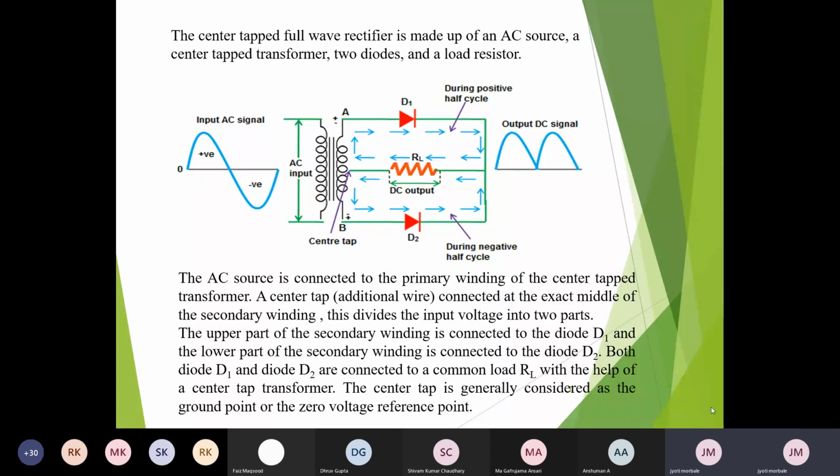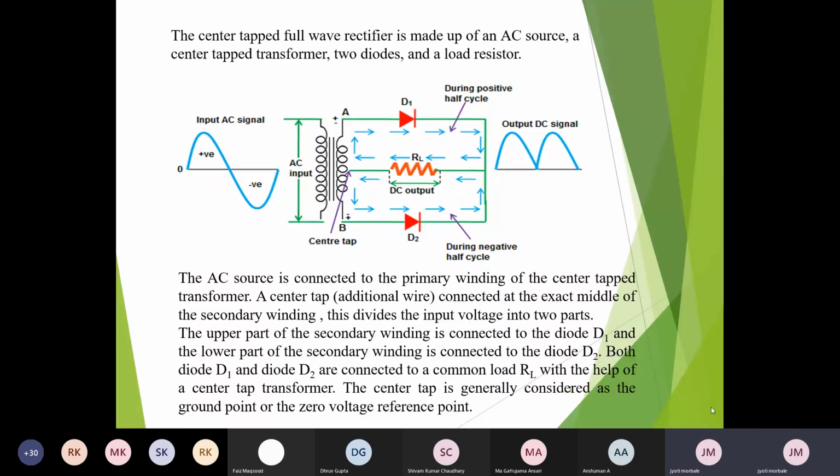The anode of diode D1 is connected to point A at the upper side. The cathode of D1 is connected to one terminal of the load resistor. The other terminal of the load resistor is connected to the center tap connection. This is the upper section of the full wave rectifier.